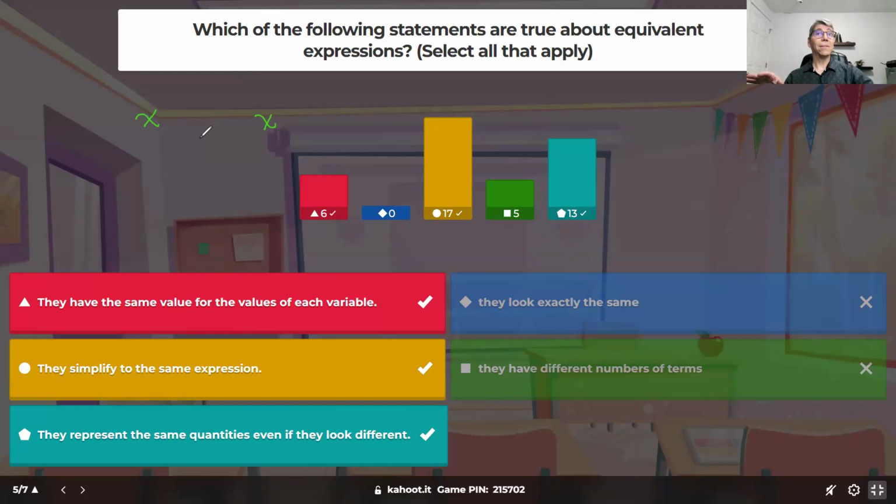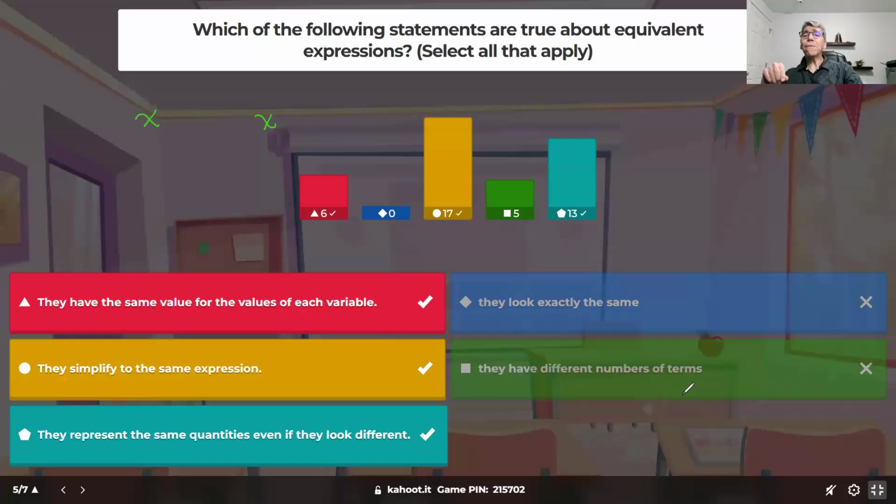Okay. Does that make sense? So, yes, the value can change, but at any moment, x is always going to represent the same value everywhere. So that is what that one means.